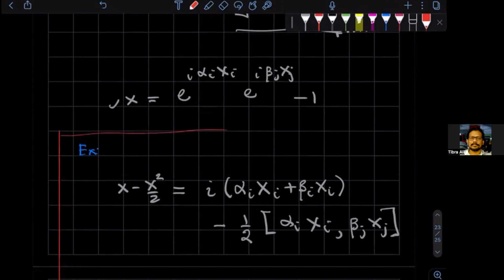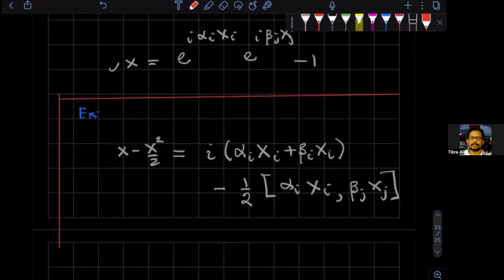This is just a few lines of algebra, but it's worth doing.